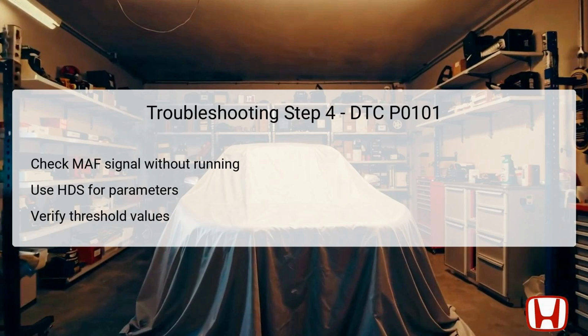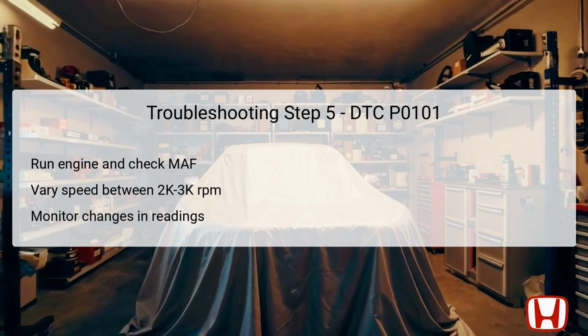If the values displayed on the HDS align with this threshold, proceed to the next step. However, if they do not match, this inconsistency indicates a fault with the MAF sensor or the intake air temperature, IAT, sensor, necessitating their replacement to rectify the situation.